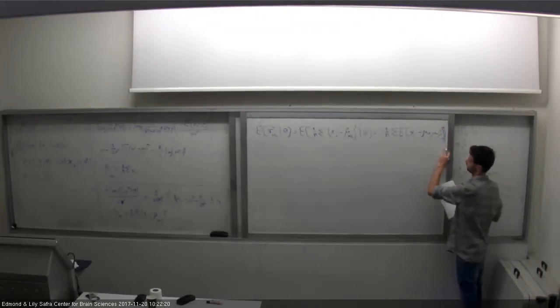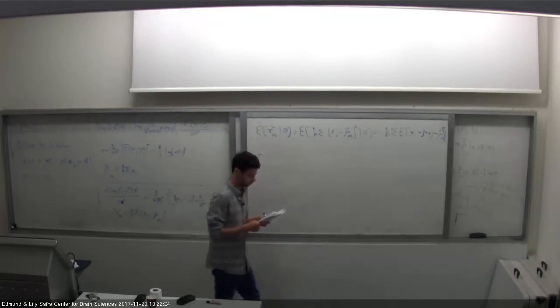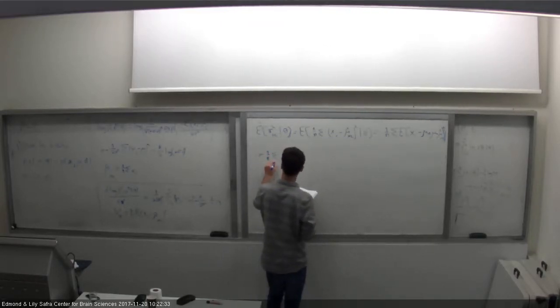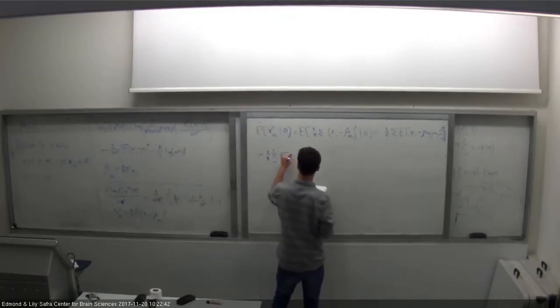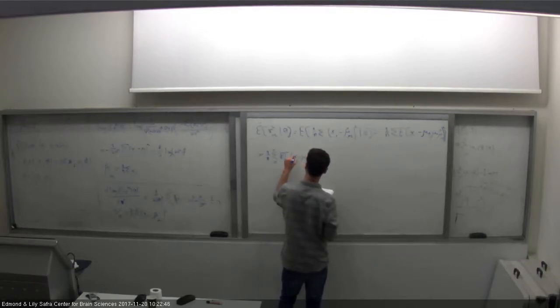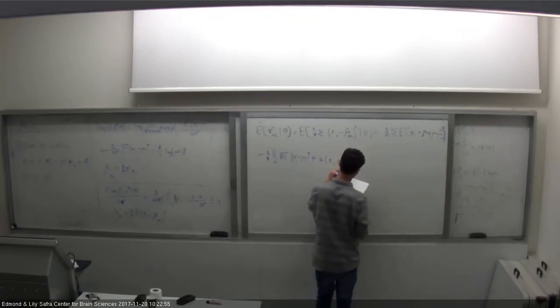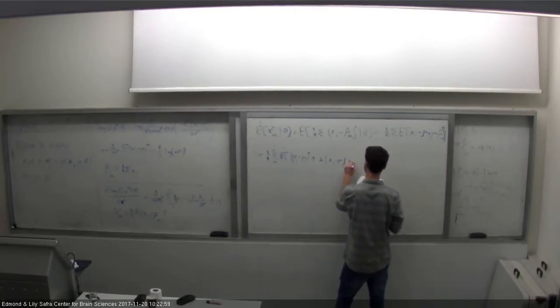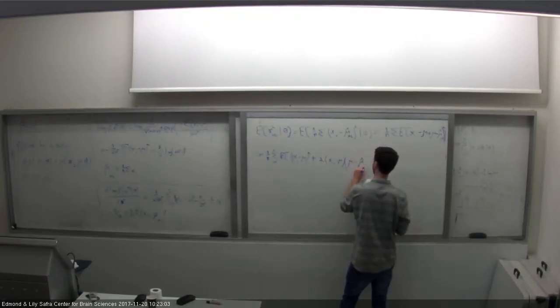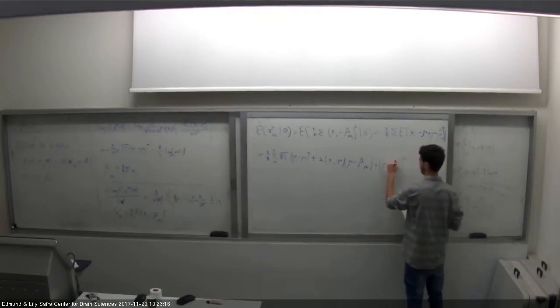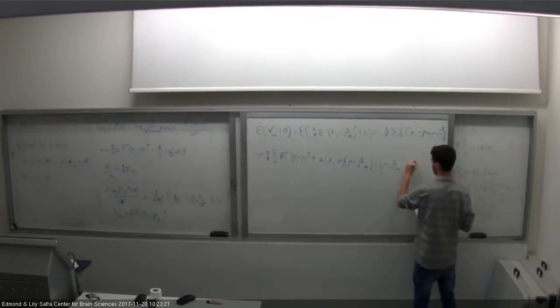Now we can separate it. So this is equal to 1 over n sum of the expectations of xi minus mu squared, plus 2 times xi minus mu times mu minus the estimator of mu, plus mu minus the estimator of mu squared. And this is given theta.